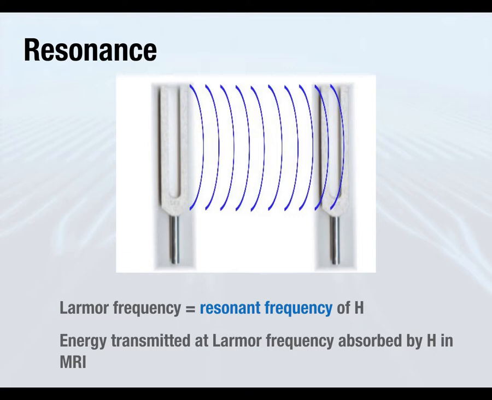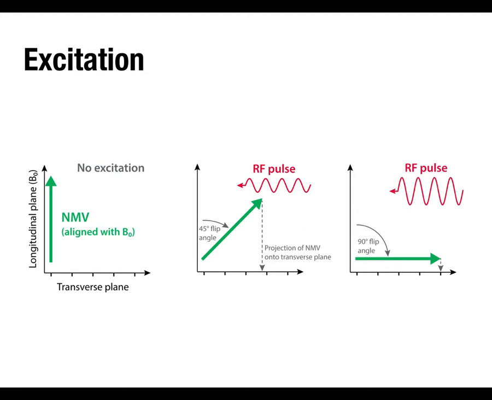We can send in energy. In this case, it's radio frequency energy because of the range that protons precess in. And that transfer of energy to the protons is called excitation. What we're seeing here is a visual geometric representation of the effects of excitation on the net magnetization vector.